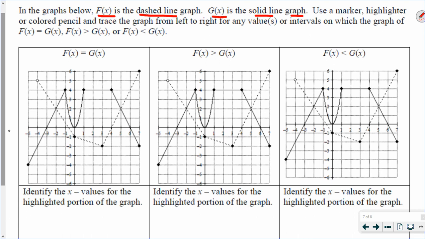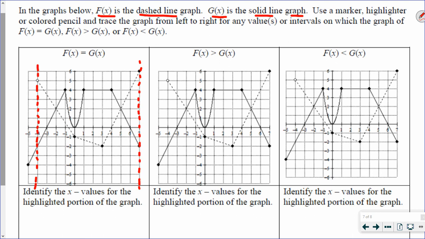And then g starts when x equals -5 and ends when x equals 7. So these two graphs only exist simultaneously from -4 to 7. So we can only compare those two graphs from x equals -4 to x equals 7.